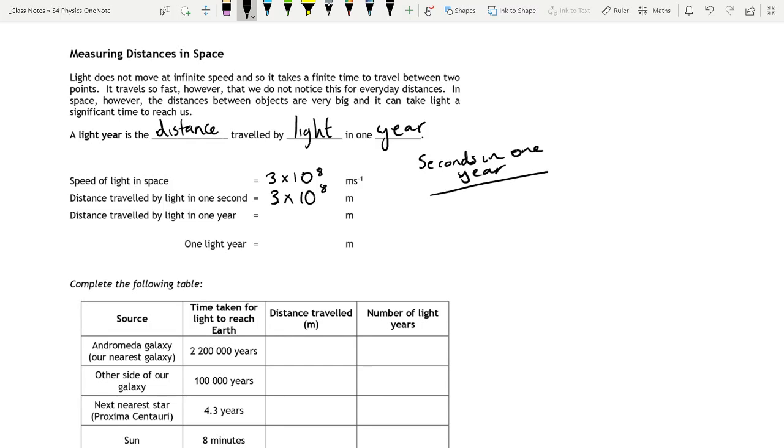To do that, we know that 1 year is 365 days, and then 24 hours in each day, then 60 minutes in an hour, 60 seconds in a minute.